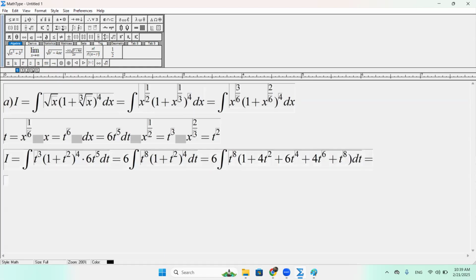And now let's move t in power of 8 under this expression. So here is t in power of 8. So 10, 12, 14, 16. And now let's integrate.